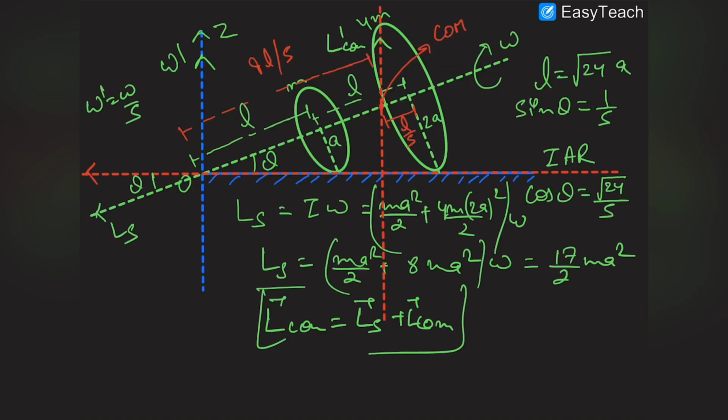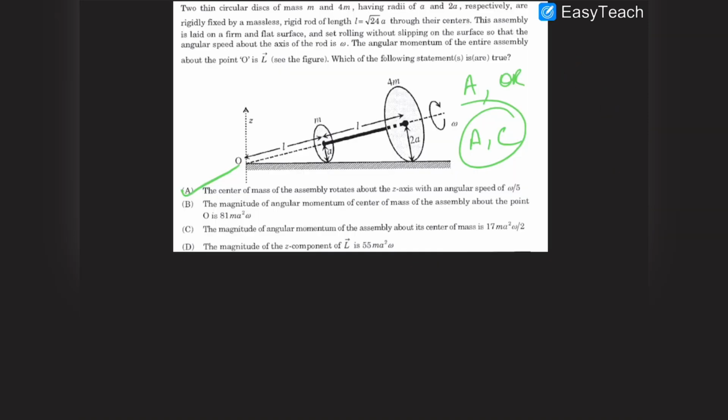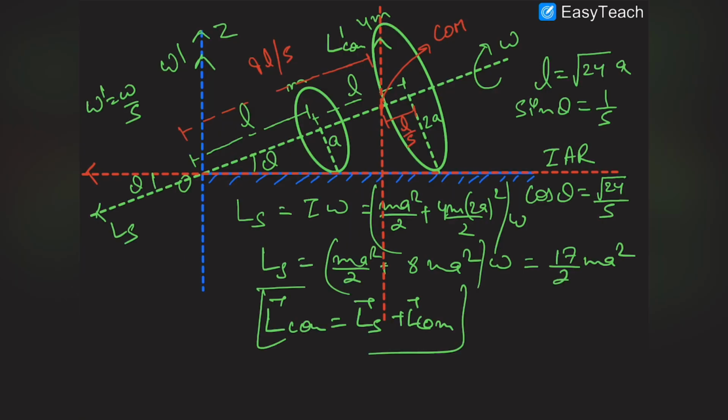Okay. Now let us find out the angular momentum of the entire center of mass of this assembly about the point O. To find this angular momentum, let us see. I am again erasing this one because this figure is on this page also.